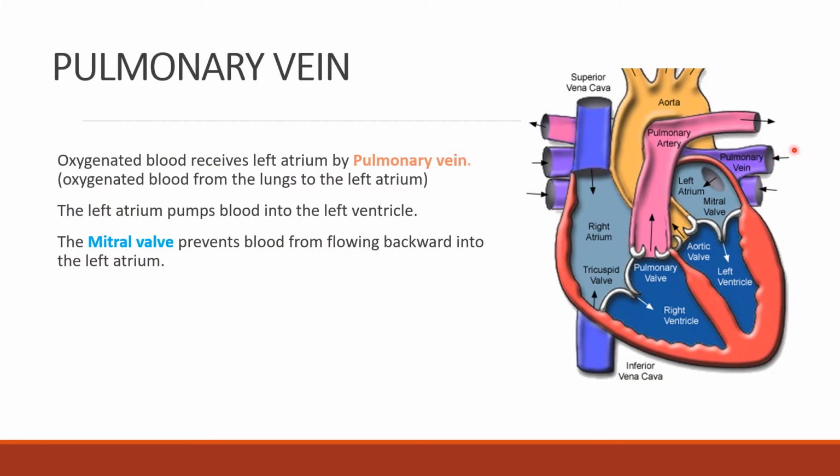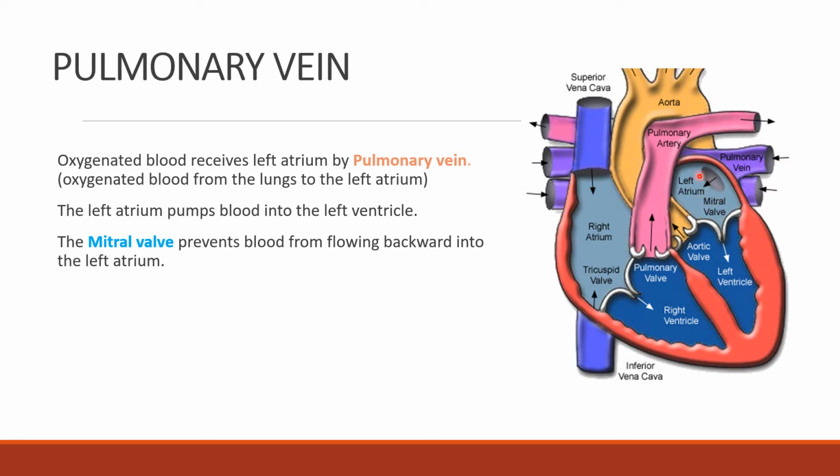Now the blood is purified in the lungs, and this purified blood is oxygenated blood. This oxygenated blood enters the pulmonary vein. The pulmonary vein carries the oxygenated blood and enters the left atrium.